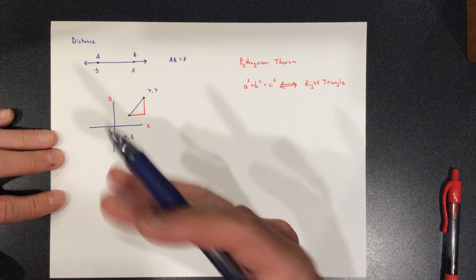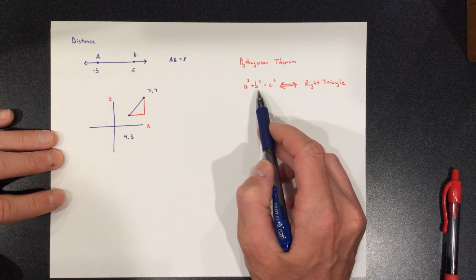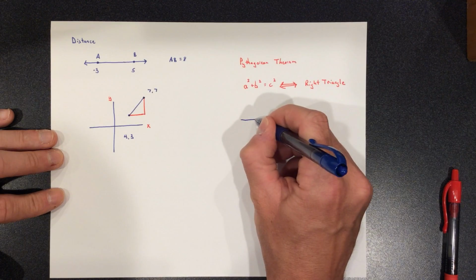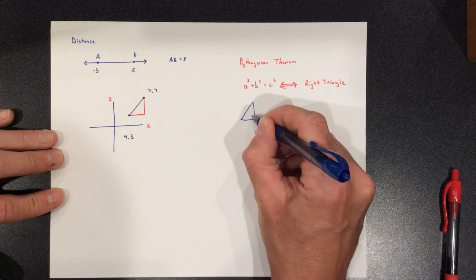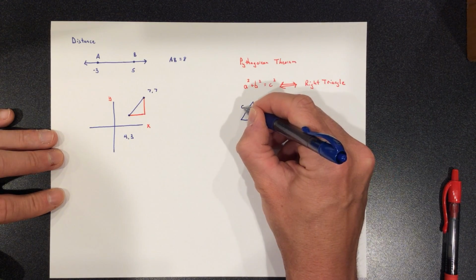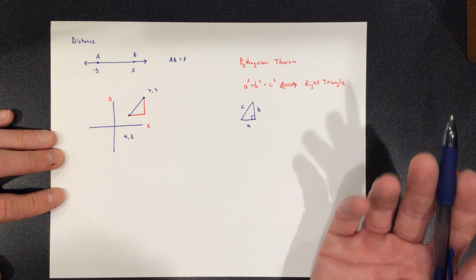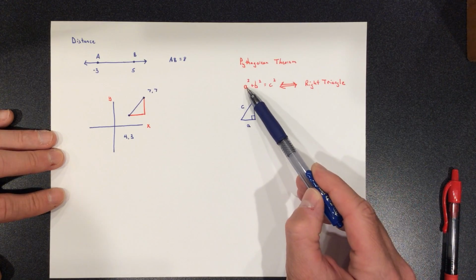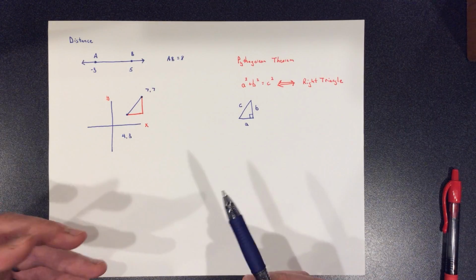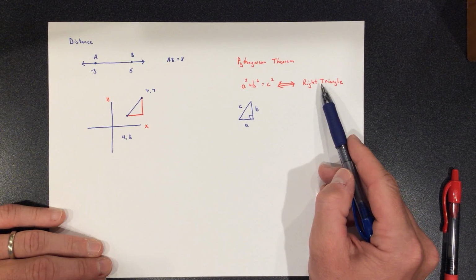What the Pythagorean theorem really says in all its glory is that if you have a right triangle, then this is true, where A and B are the legs of the right triangle and C is the hypotenuse. And it goes in reverse as well: if you can show me that a squared plus b squared equals c squared, then you have to have a right triangle. So if you weren't sure whether a triangle was a right triangle, and you showed me that this was true, boom, you know it's a right triangle.